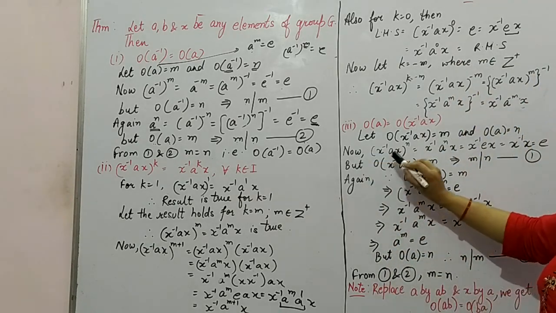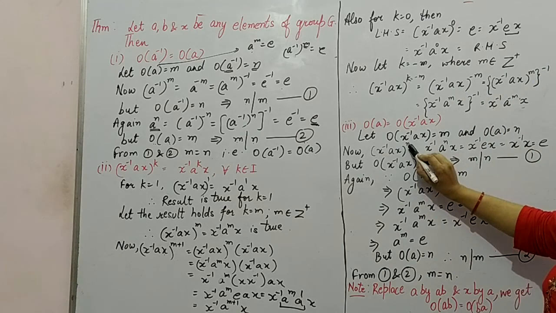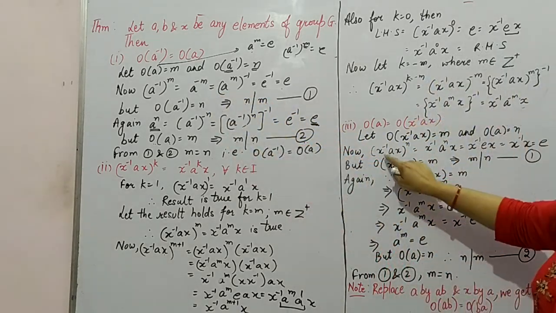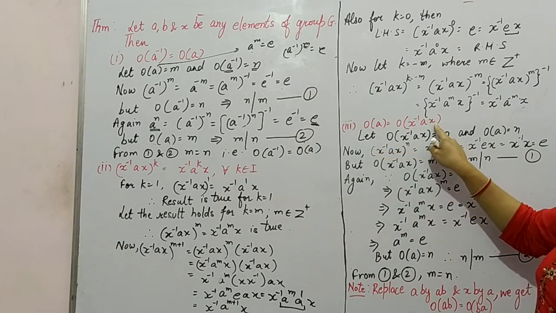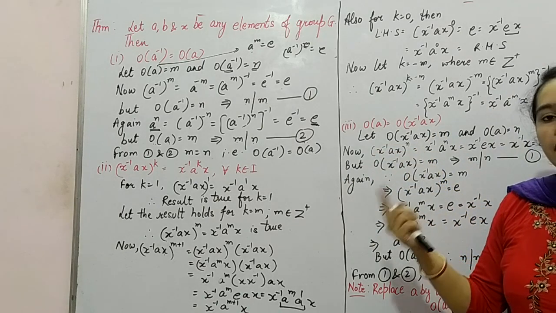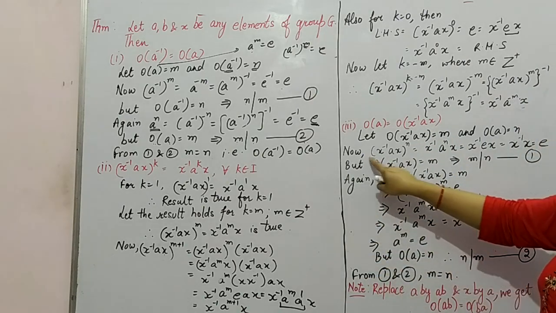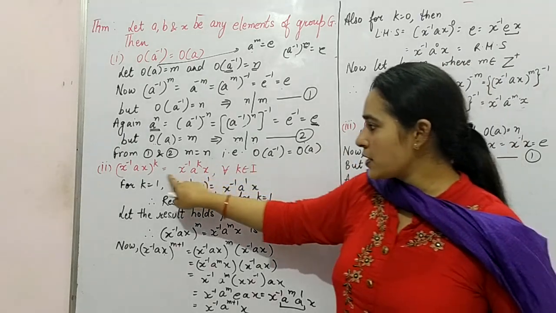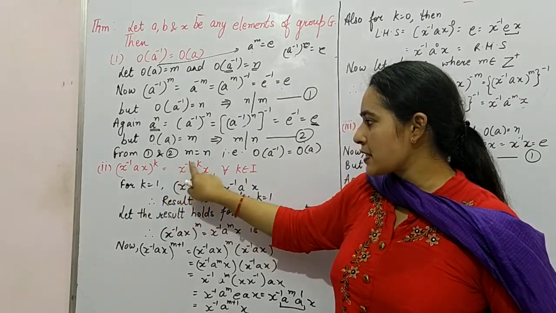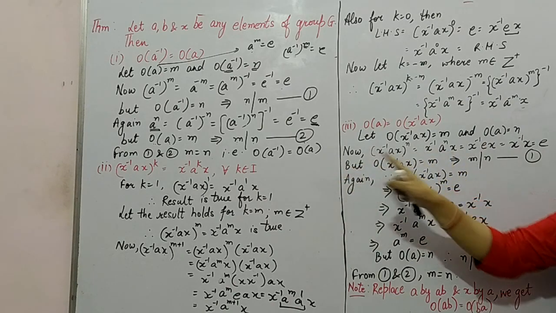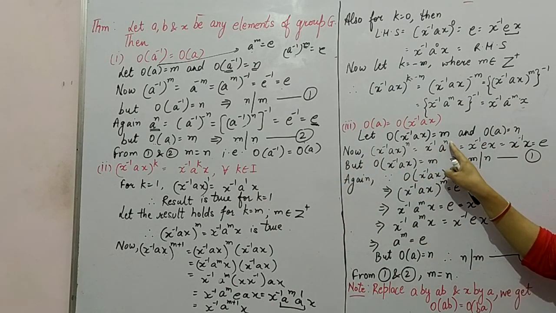Now let's start. x inverse Ax raised to the power n. Same as before, as I have told you, if order of this is m, we have to start with taking power n. If order is n, then start with power m. Now, x inverse Ax raised to the power n. We have proved that according to this result, we can write it as x inverse A^n x.